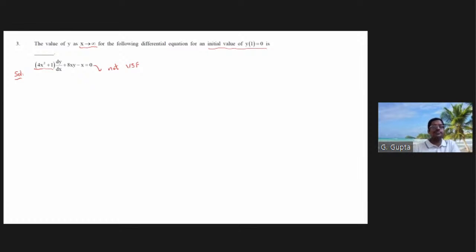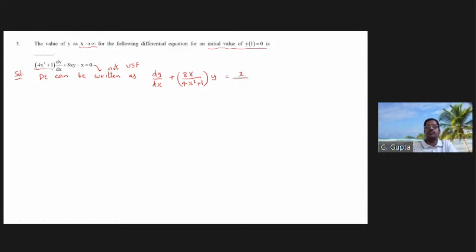So I can write the differential equation, after dividing by 4x square plus 1, as dy by dx plus 8xy divided by 4x square plus 1. It can be written as 8x by 4x square plus 1 in a bracket, keeping y outside, which looks like the standard form p into y of the linear equation in y, and minus x shifting to the right side becomes plus x.